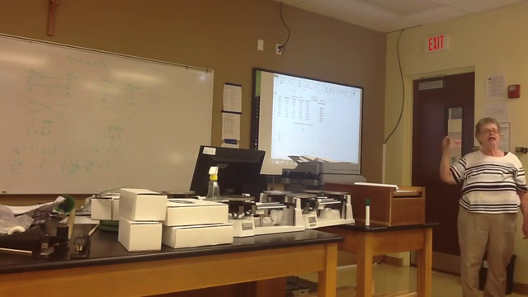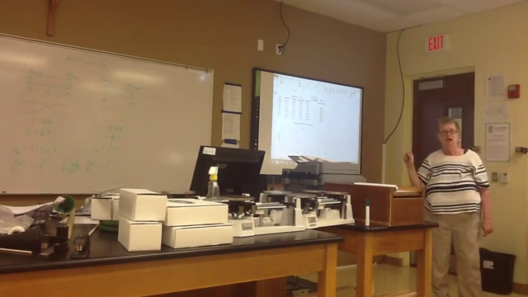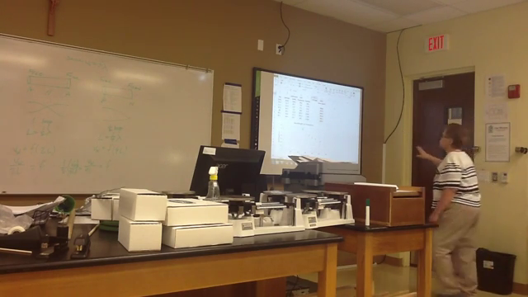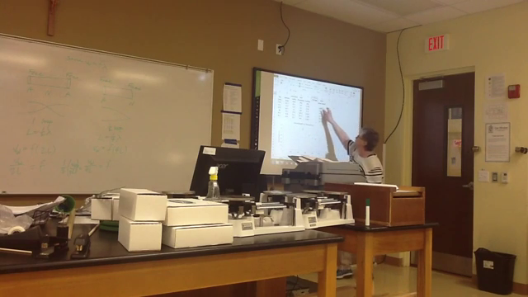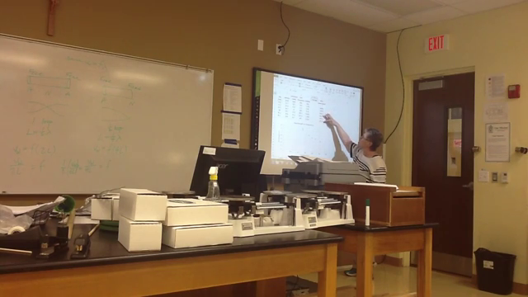You can know that a graph is hyperbolic if the product of the coordinates of the points comes to a common value. So if I multiply frequency times wavelength: 338, 337, roughly 338, 335, 332, 331, 224.